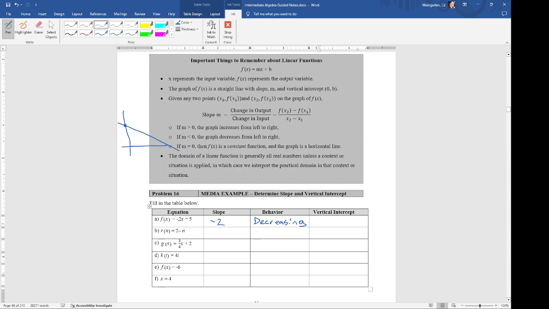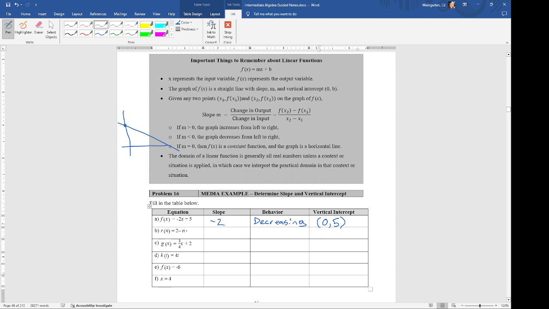If x is 0, all we're left with is this number that's not attached to the x. So this number that's not attached to the x will always be the y value in your vertical intercept. So the vertical intercept is always going to start with a 0, and it's going to be the y value that is left over when you plug x equal to 0.